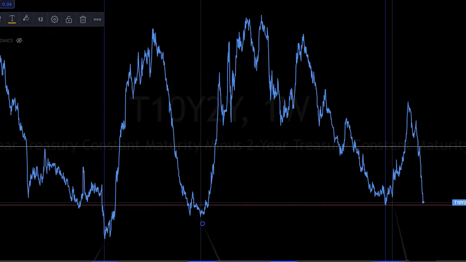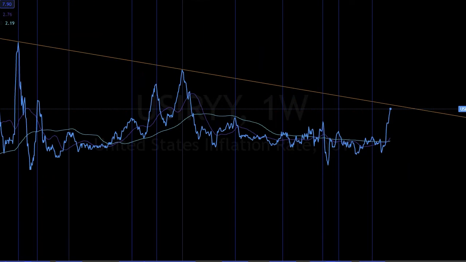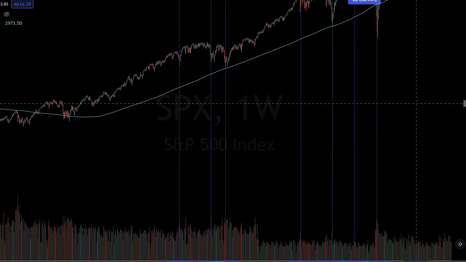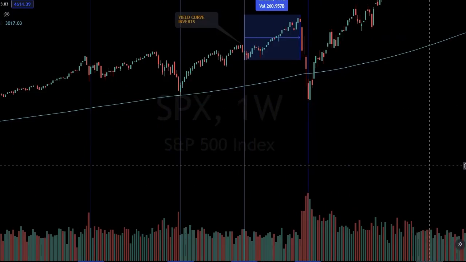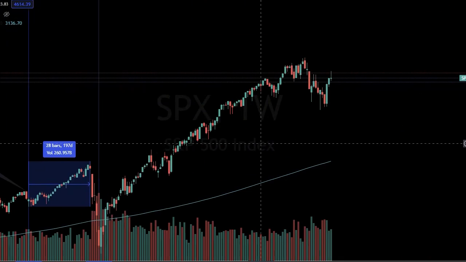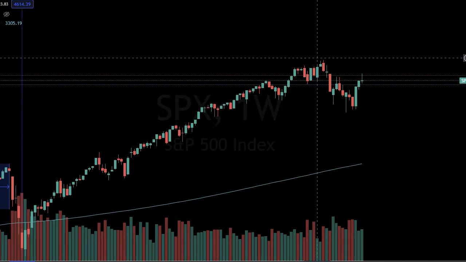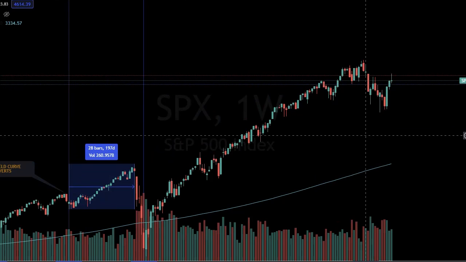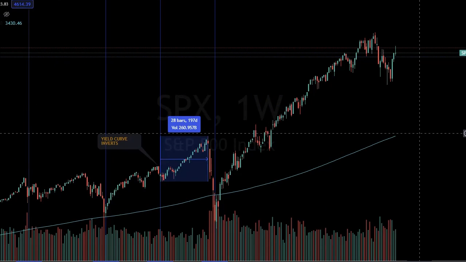Again, yield curve inversion, almost complete. Multi-year highs in inflation, complete. Peak inflation, almost complete. Top in the stock market, I believe so. If we look here on a weekly basis at the SPX, you have put in your top, I believe. Could come up for a double top, but it's highly unlikely that you do.